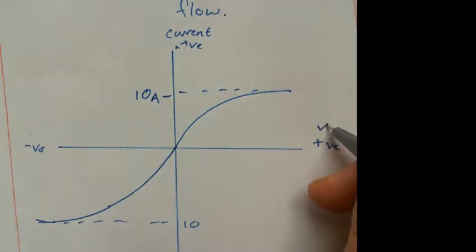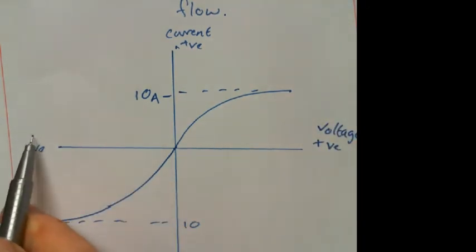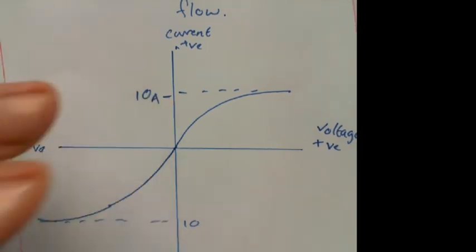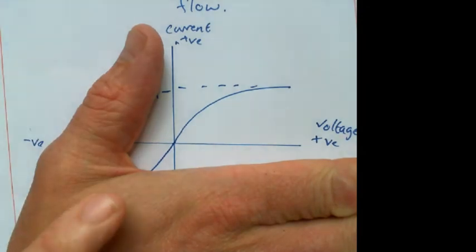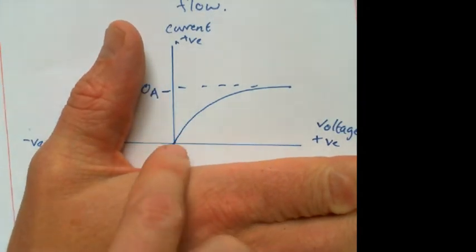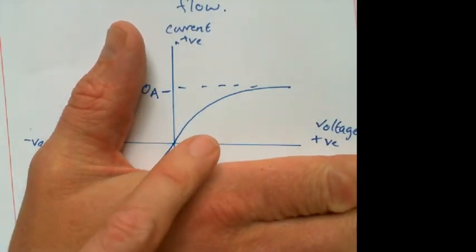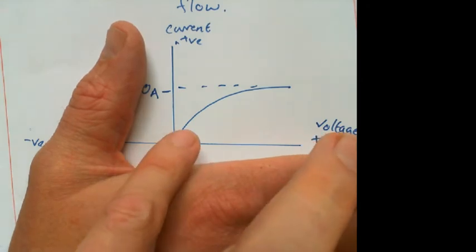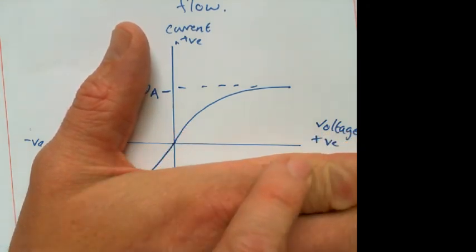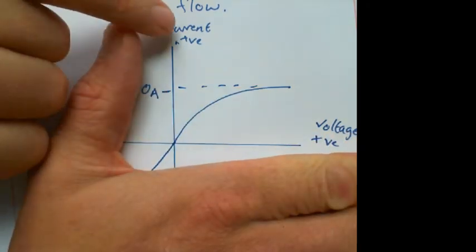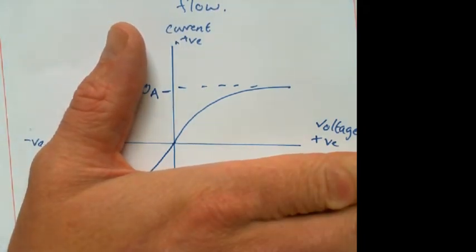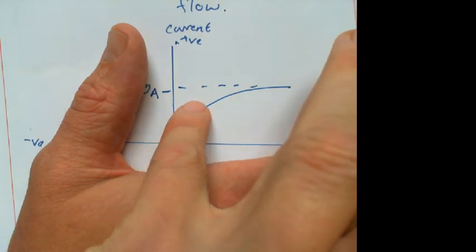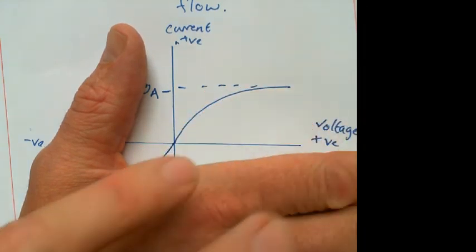Okay, so remember that's current, and that's voltage, and this is negative voltage, and this is negative current. But the first bit to remember is, as it gets hotter, the resistance increases, so we would expect the voltage to make less of a difference on the current, because it's harder and harder to make the electrons flow through the circuit, so it tails off to a limiting factor.